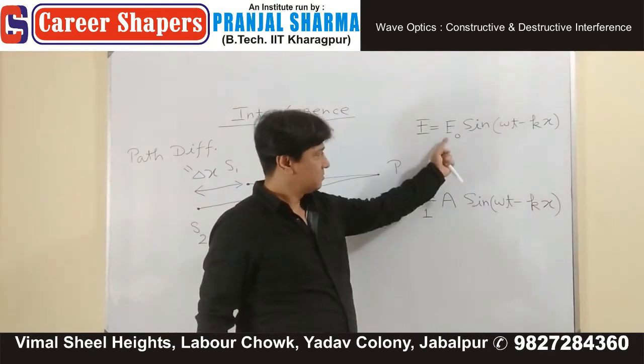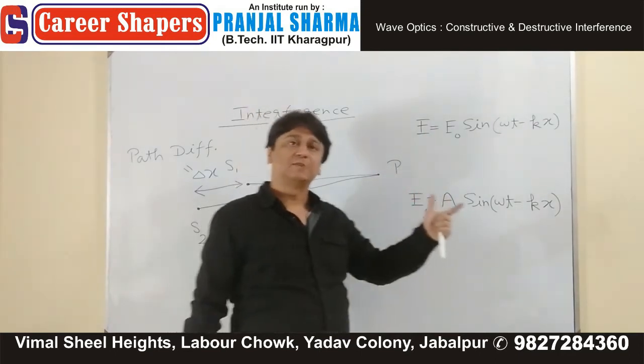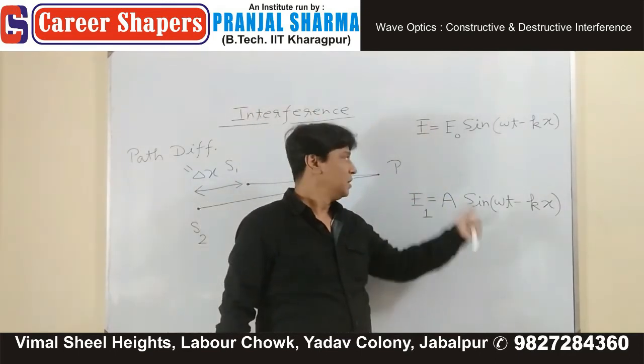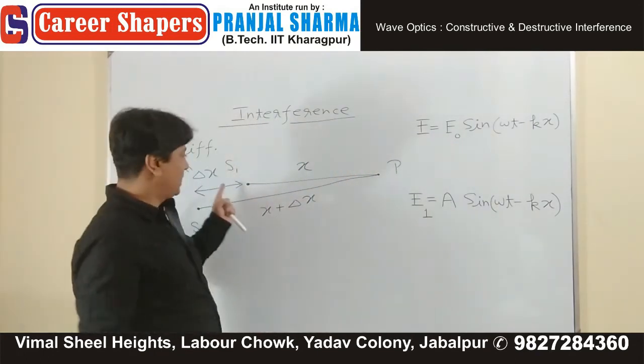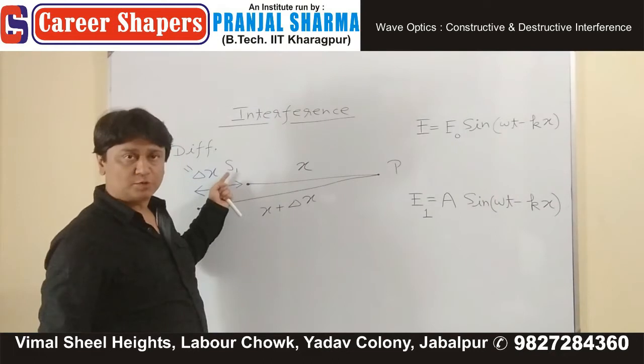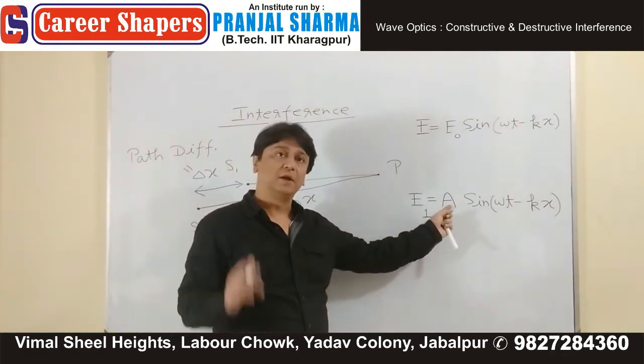This A is basically E naught. And what is E naught? Maximum of the electric field produced by this wave. The maximum electric field produced by S1 at any point is capital A.